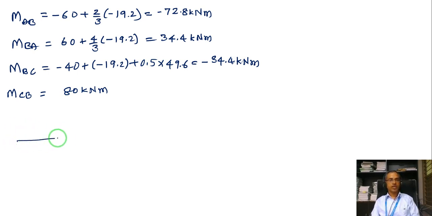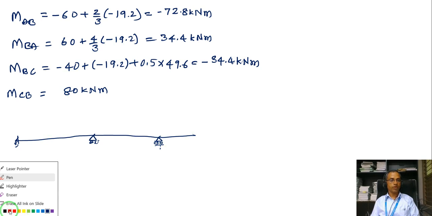So we can draw the bending moment diagram of this beam. Let us take the beam. This is support A, this is support B, and this is support C, and here is the load. I will draw the simply supported bending moment diagram because of the UDL.